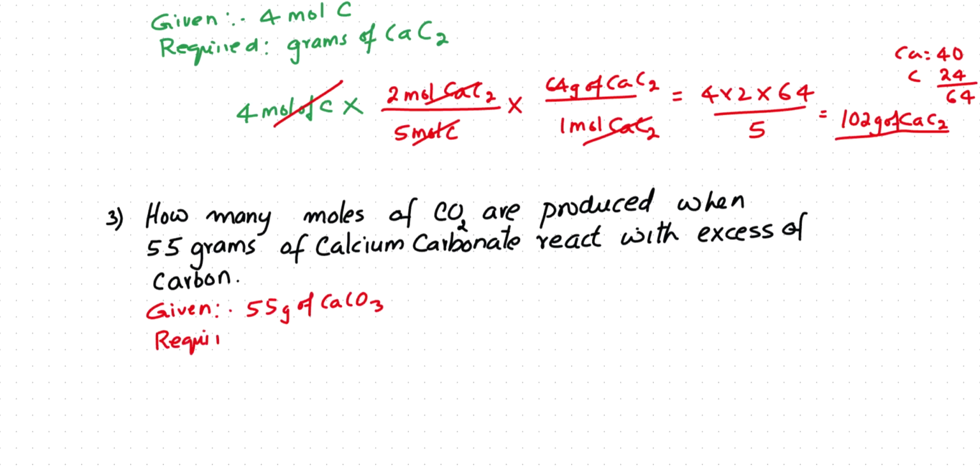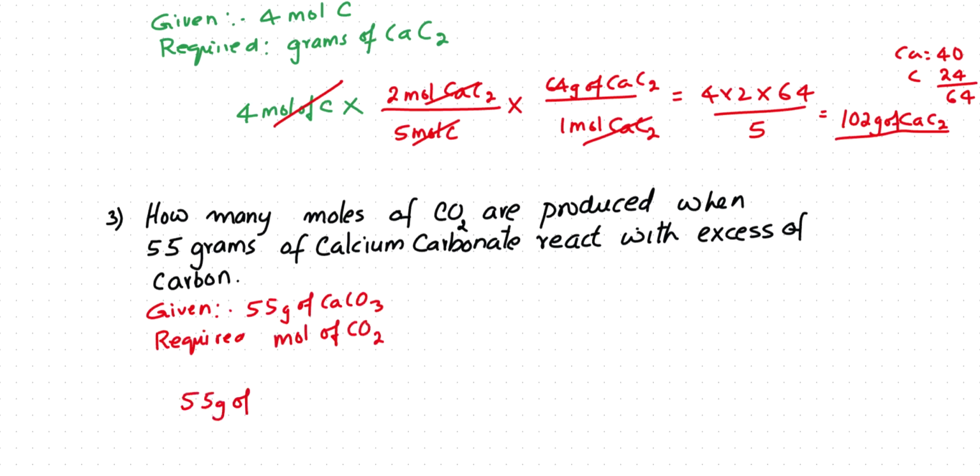So we have to find moles of CO2. So first we write the given amount, 55 grams of CaCO3.